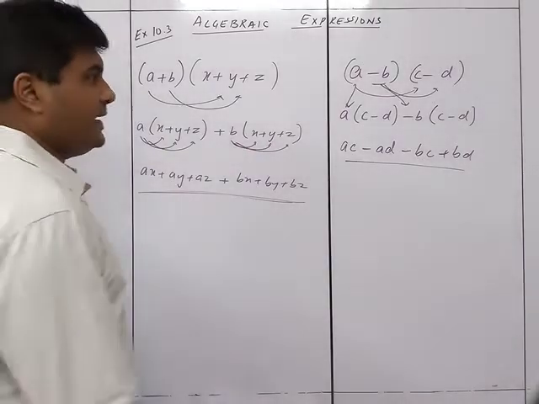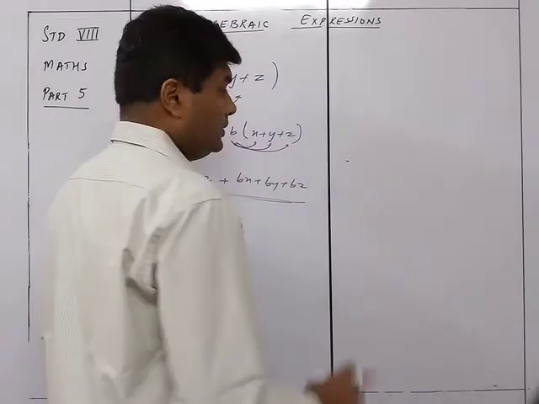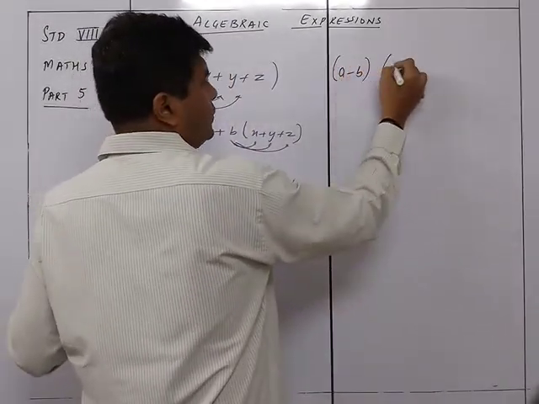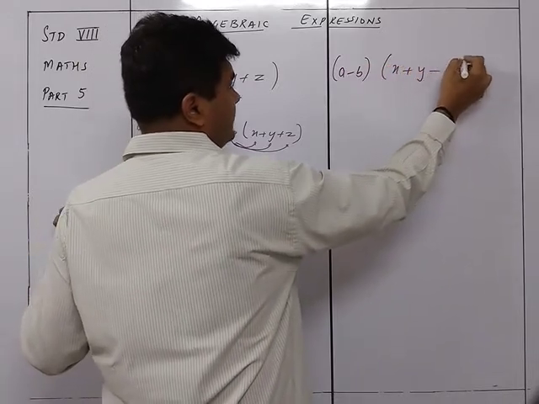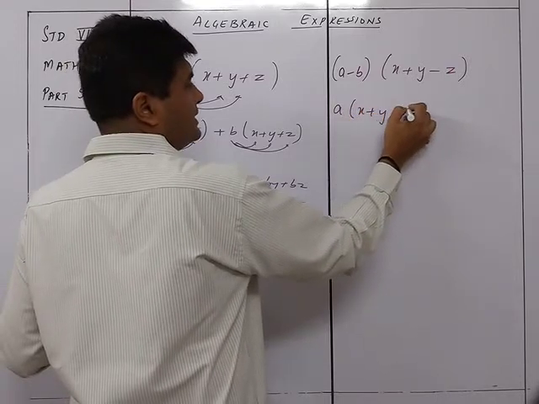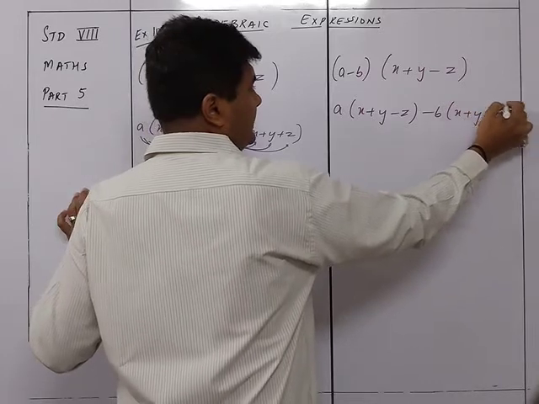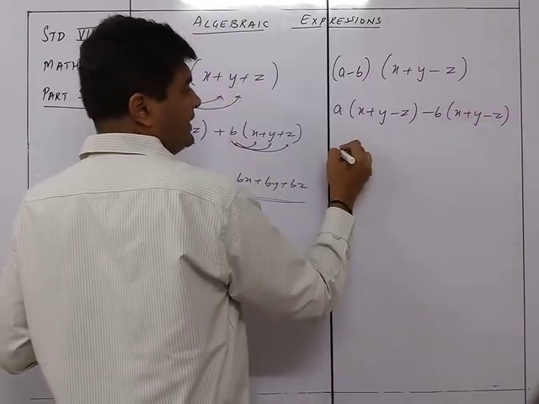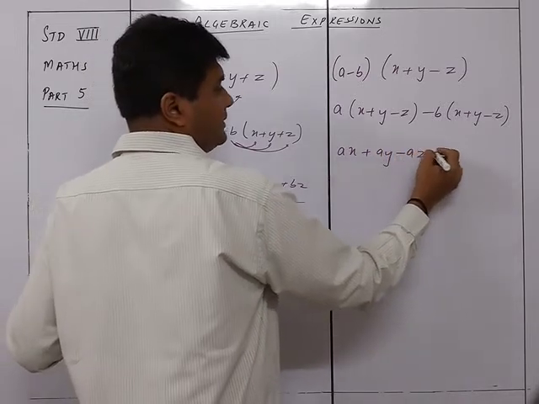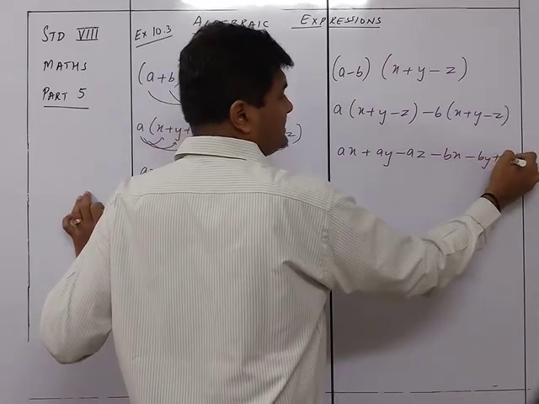I'll show it once again with minus signs so that confusion is not there. So we take over here A minus B into X plus Y minus Z. So it will be A into X plus Y minus Z minus B into X plus Y minus Z. Multiplying this we get AX plus AY minus AZ minus BX minus BY plus BZ.